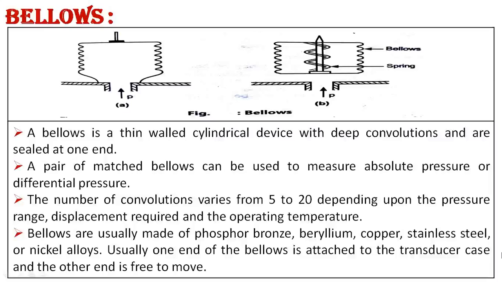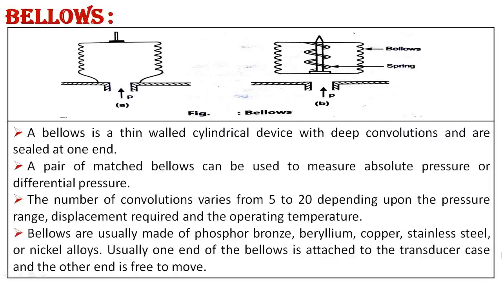Bellows are usually made of phosphor bronze, beryllium copper, stainless steel or nickel alloys. Usually one end of the bellows is attached to the transducer case and the other end is free to move.